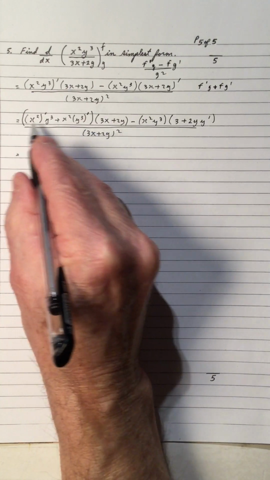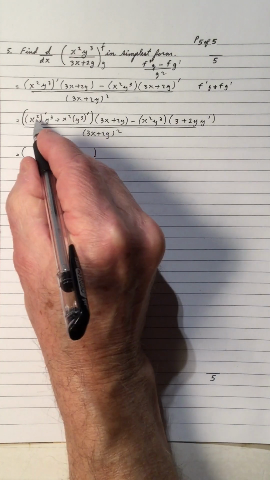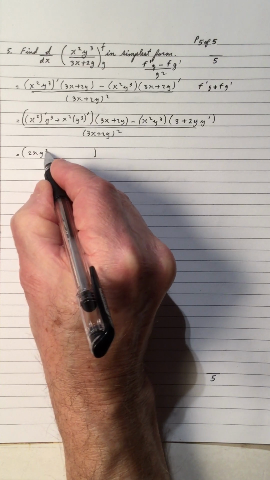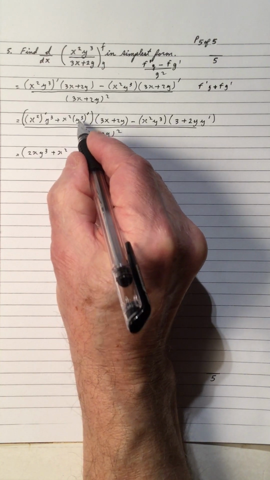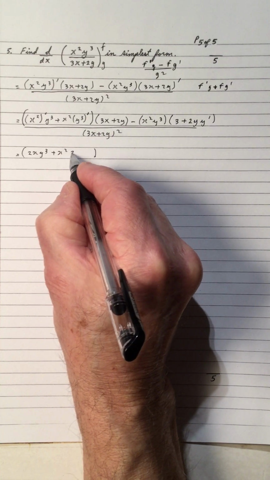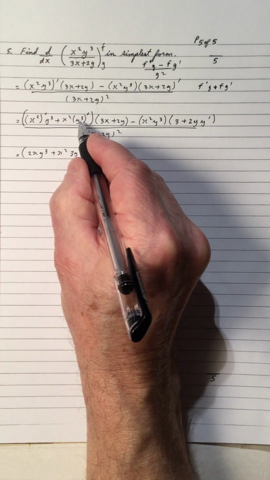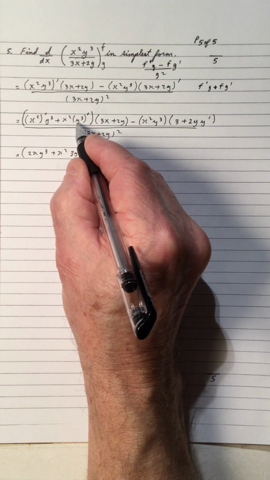Now we have a derivative in here to do, so let's do the big brackets. So the derivative of x squared is 2x, y cubed, x squared. Derivative of y cubed is 3y squared y prime. Again, you do the derivative of y cubed in terms of x, so pretend that's an x.